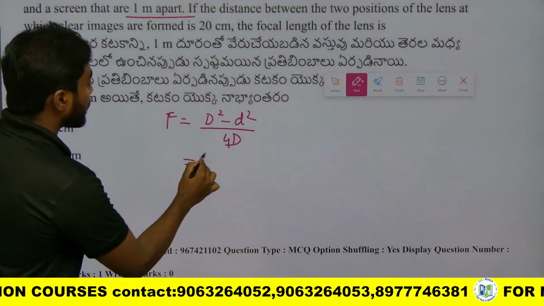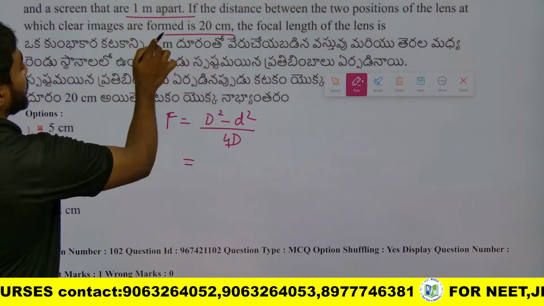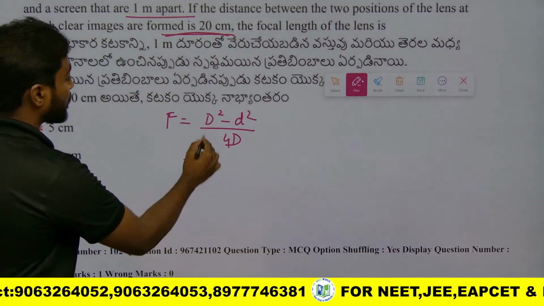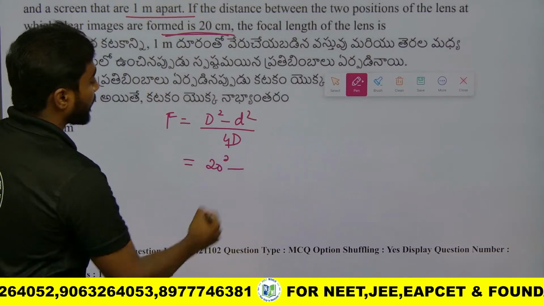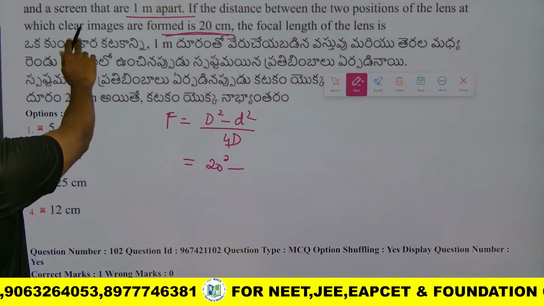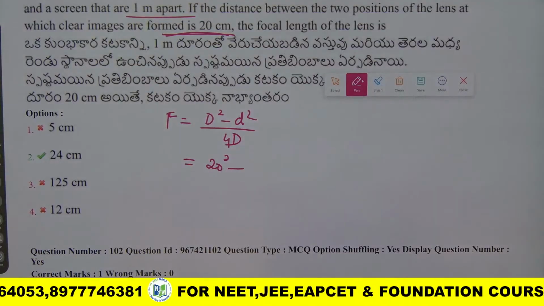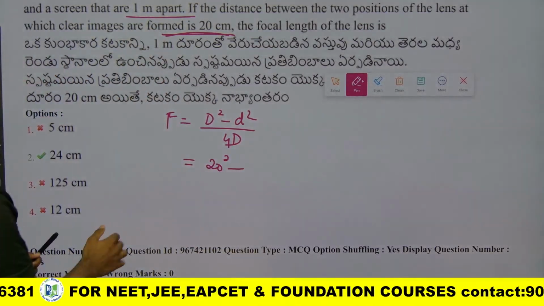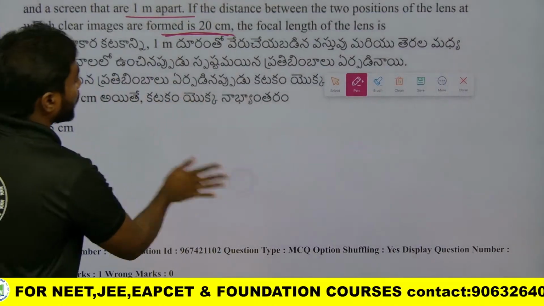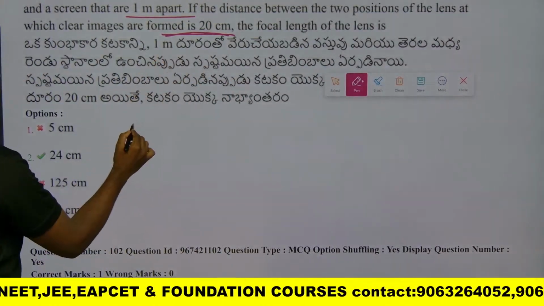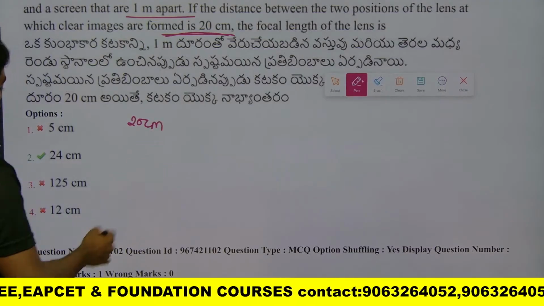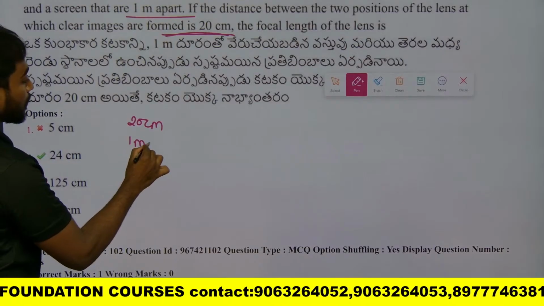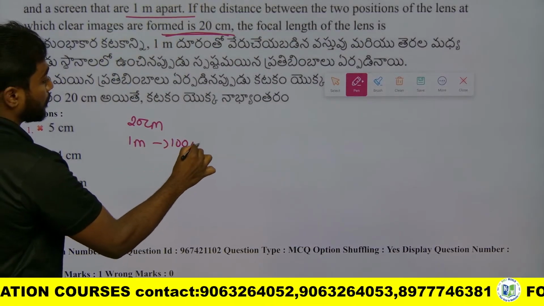What is the distance given? That is 20 centimeter, the distance between the two positions of the lens. Before that, we will convert everything into the same units. 20 centimeter I will keep as it is. The options are in centimeters, so I will convert 1 meter into 100 centimeter.